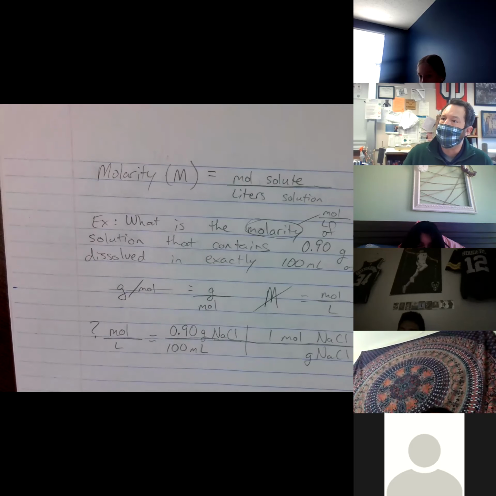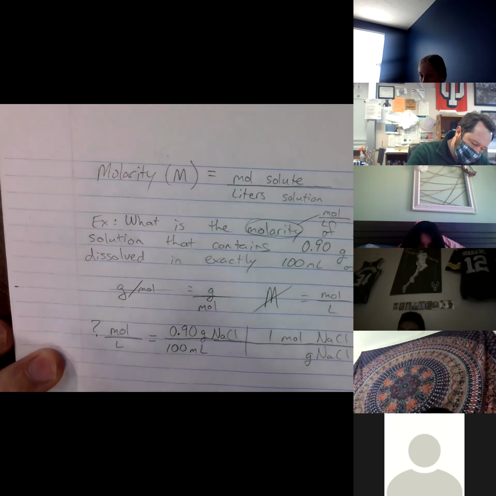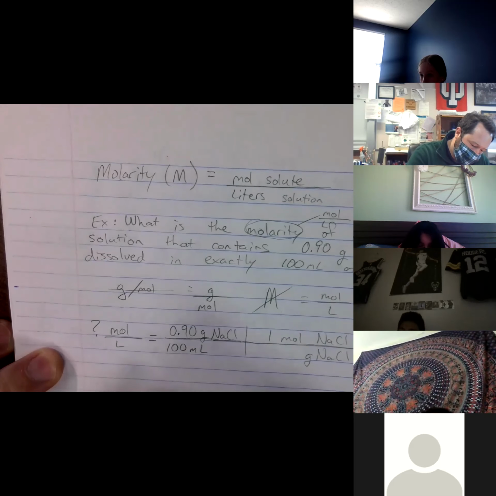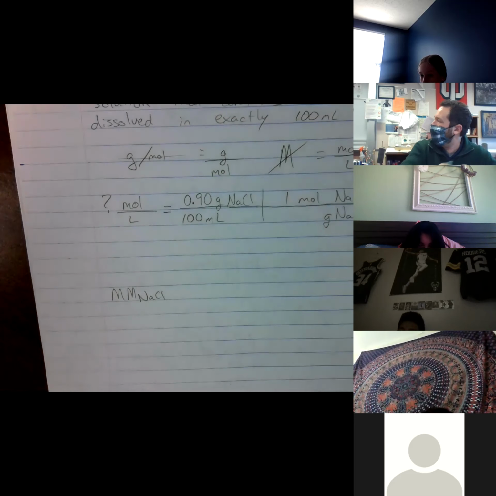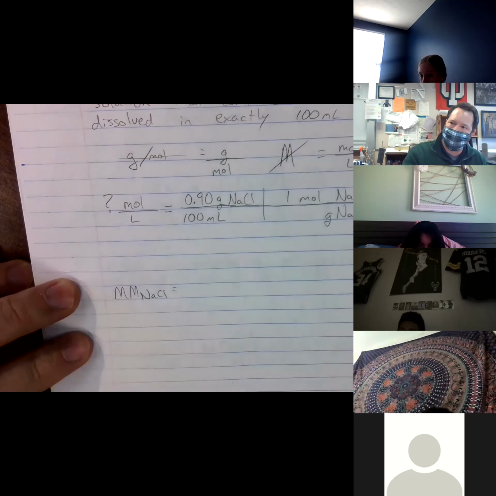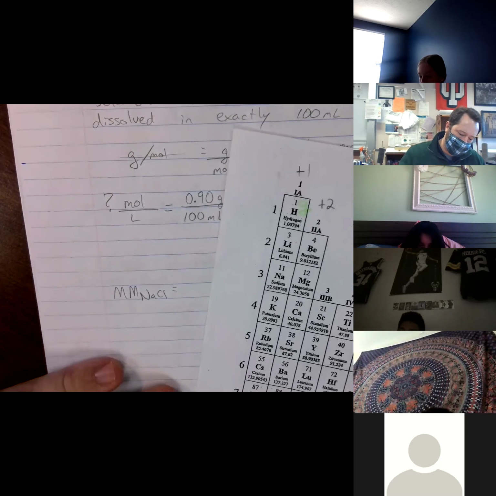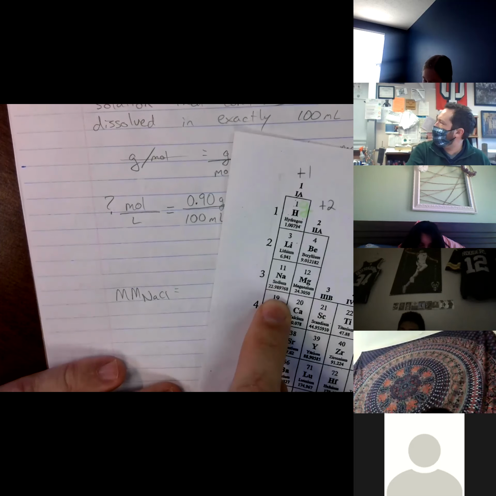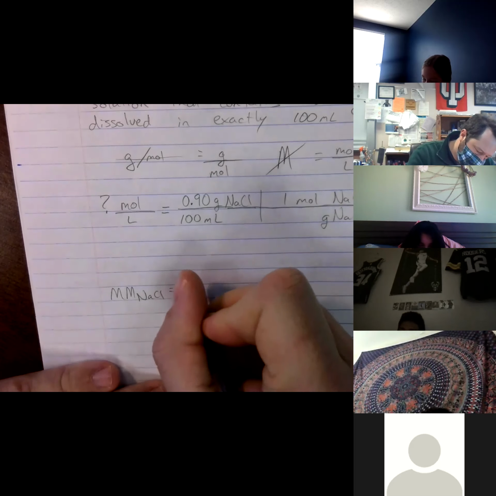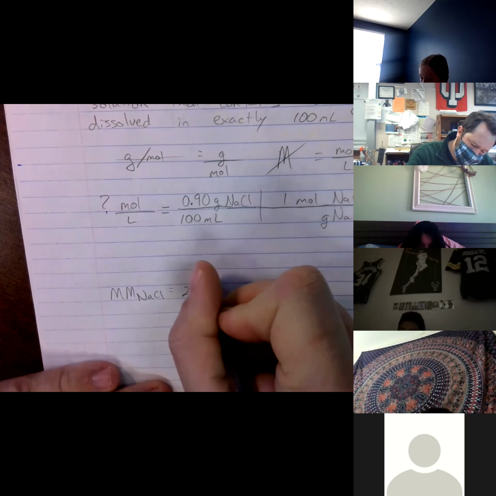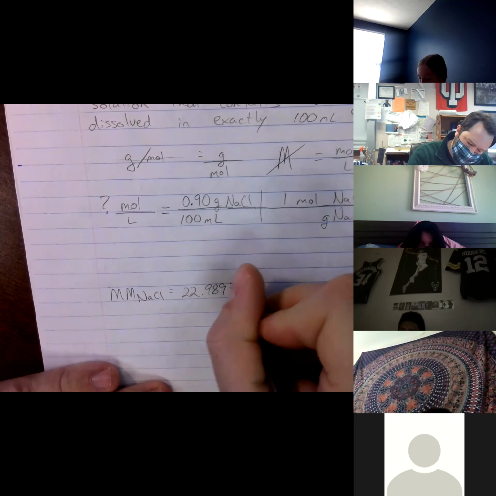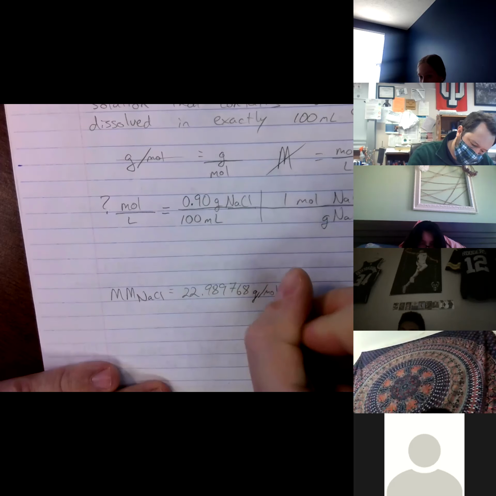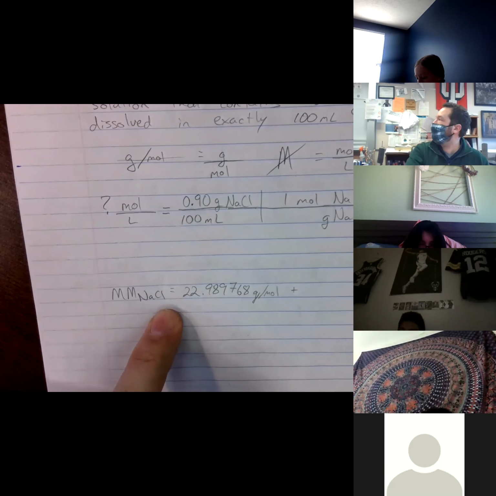This should look familiar. We've been doing this for 2 or 3 weeks now. What we need is a molar mass of NaCl, and we get that with the handy dandy periodic table. We add together 1 sodium and 1 chlorine.